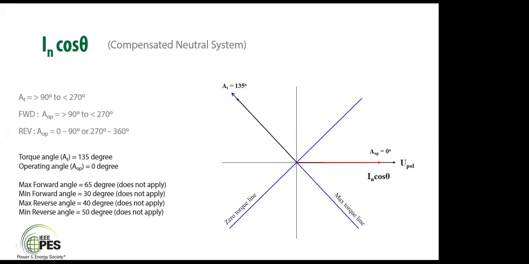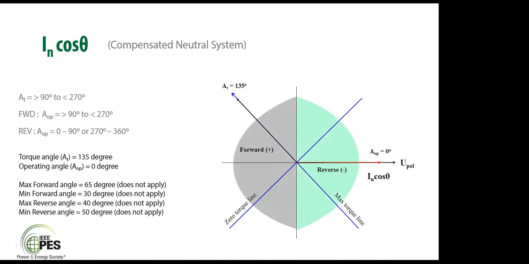The forward and reverse operation zones are very straightforwardly defined. If the torque angle is between 90 degrees and 270 degrees, then the forward operation zone will be 90 degrees to 270 degrees, and the reverse operation zone will be the rest, just like this.